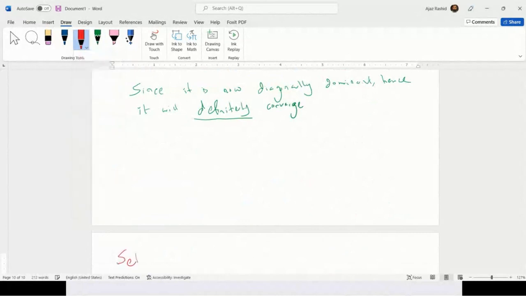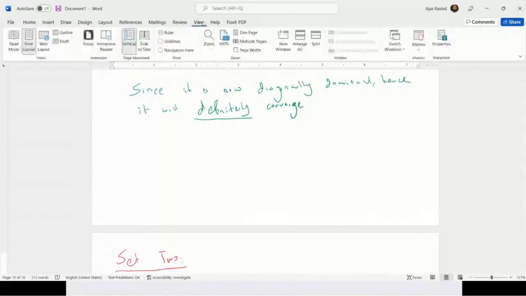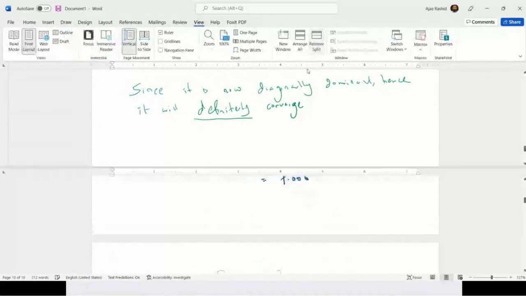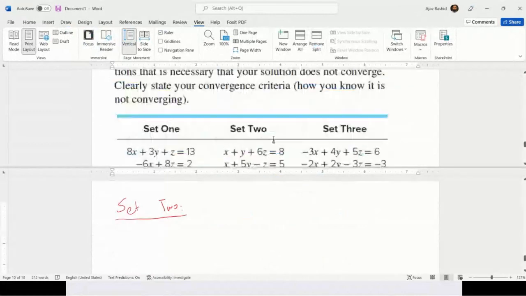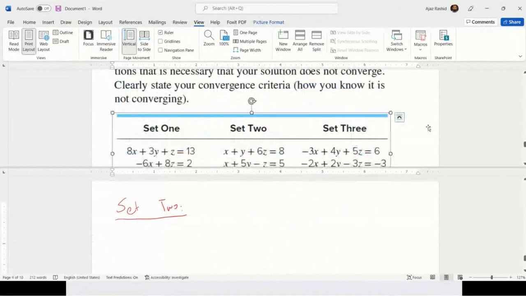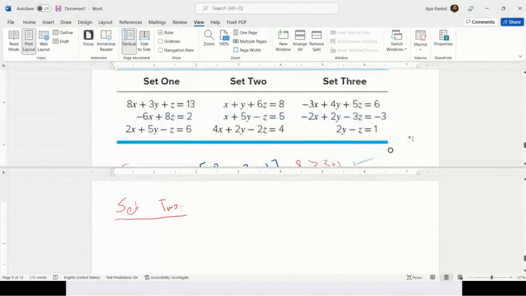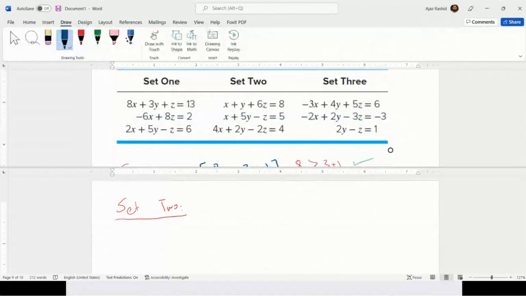Set number 2. Put it in matrix form: 1, 1, 6; 1, 5, -1; 4, 2, 2.